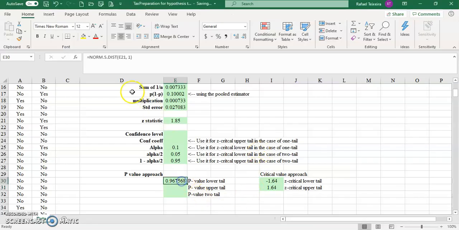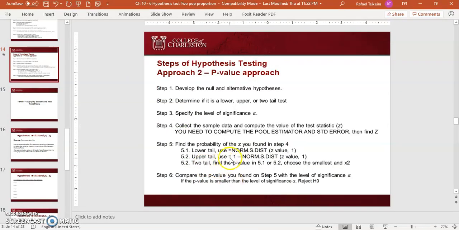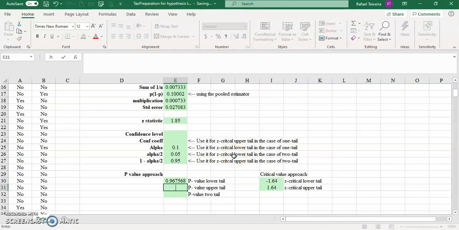This is what I did here. This is the same formula. And for upper tail, you do 1 minus this formula, which is the same as this formula. So is equal to 1 minus this number. So if I want to implement, I have to find the smallest of these two numbers. The smallest is this one.